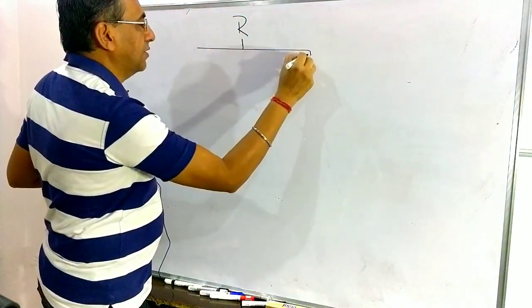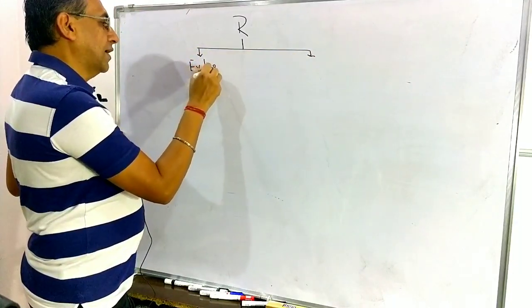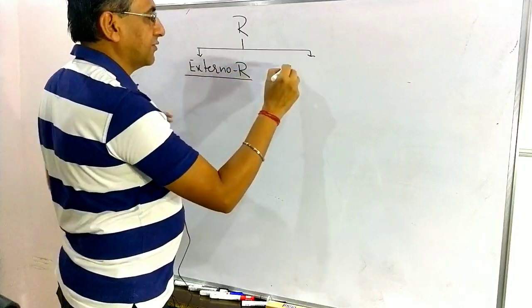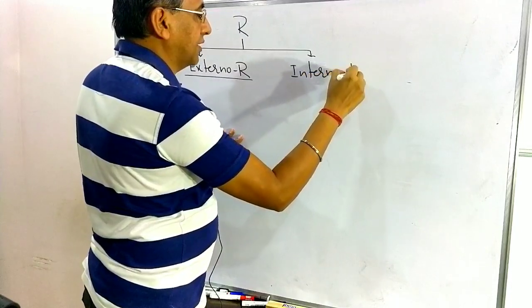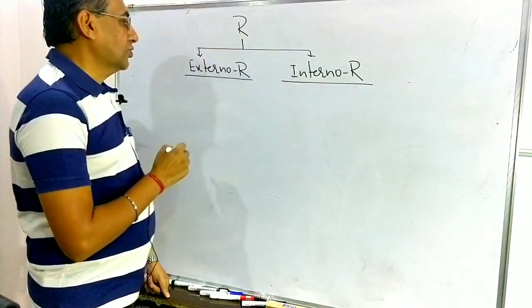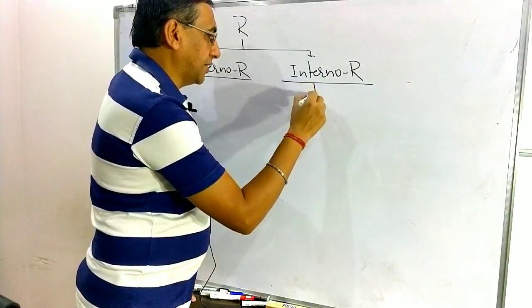One is known as exteroreceptors or external receptors, which are present on the body surface. The second is known as internal receptors, which are present inside the body. So we have discussed the external ones. Now we are coming to the internal receptors here.